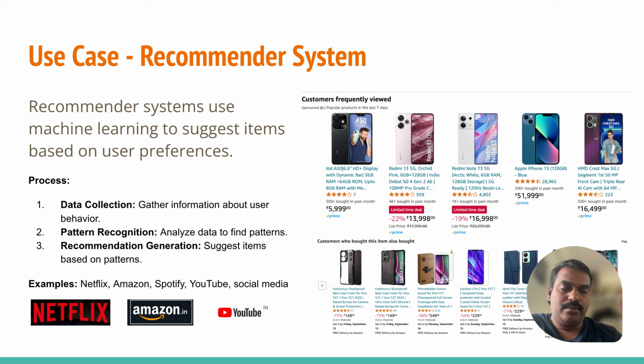In the Netflix platform, when you're watching a particular genre movie, let's say a horror film, that horror genre film will have many different factors, like based on the hero, the director, the music director, the artist, right? So there are again subcategories, right? So if you're watching, then it will recommend similar genre movies.